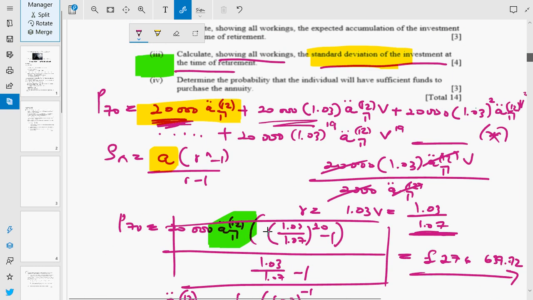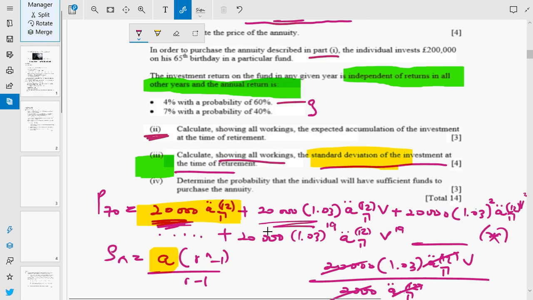So the last question we have here, where most people make a mistake. Now the last part of this question, they're asking us to determine the probability that the individual will have sufficient funds to purchase the annuity.